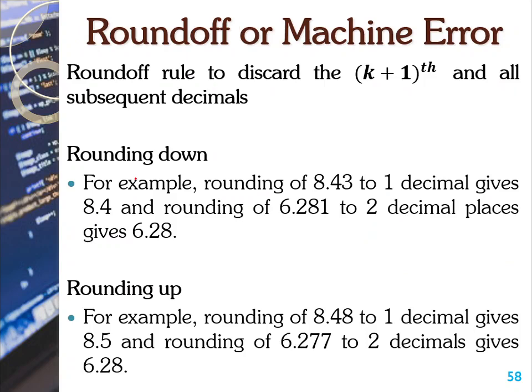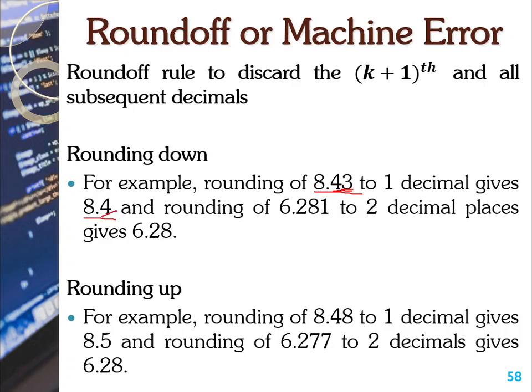So let's see how these systems get to round off, and as a result come up with these sorts of errors. The first way is to round down, and I believe we know how to round down and round up numbers. So for instance, if we would like to round off 8.43 to one decimal place, because we are rounding to one decimal place, it means that we are going to focus on this 4, and because the next value happens to be less than 5, it means that we are going to round down to 8.4.